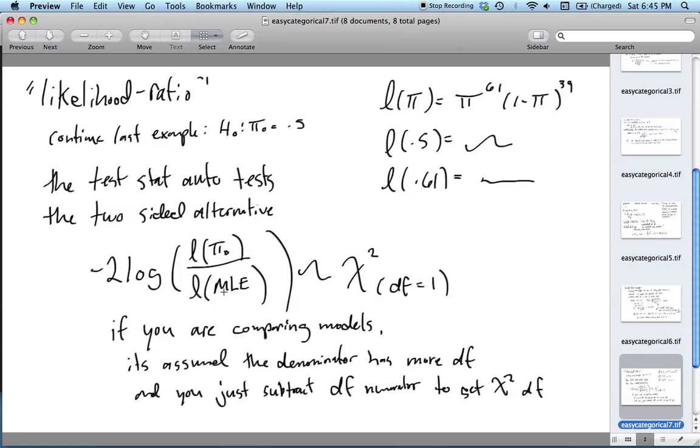You know that the MLE is where the derivative of that thing is 0, and so that's going to have the highest likelihood. That's the whole point of doing the MLE. So the likelihood of your null is going to be something less than that. Now, if it's close, like if this ratio is almost 1, let's say your null is just off of the MLE, this ratio is going to be close to 1. And what do we know about log?